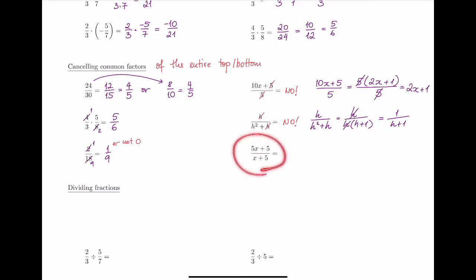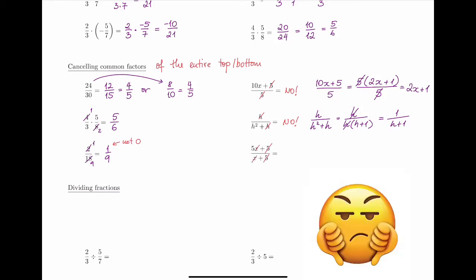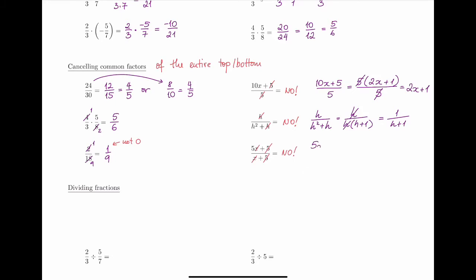On this last question here, once again, do not do something silly like canceling out the 5s and then maybe even canceling out the x's after that, leaving you with the 5 alone. No, that is not how this works. And in fact, in this question, once again, I can see that I do have a common 5 in both terms on the top, but if I factor it out, I will have x plus 1 left. And then what happens here is that the top and bottom don't have any common factors.